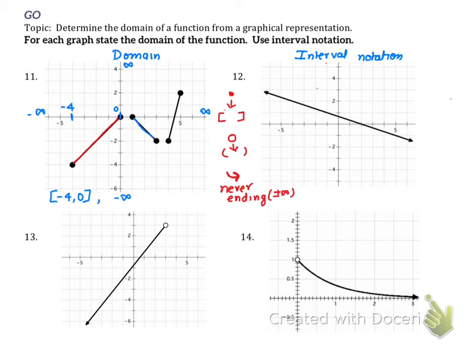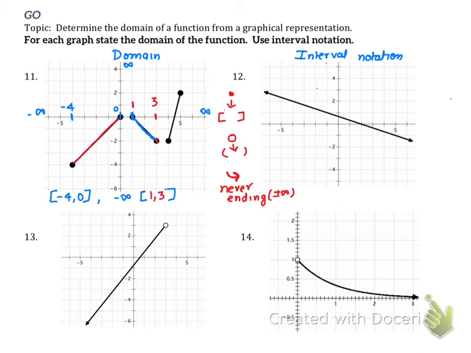If I talk about this one, both ends are closed, so it is going to be a square bracket. It starts at this point, which is 1, and ends here, which is 3. So my domain is [1, 3].